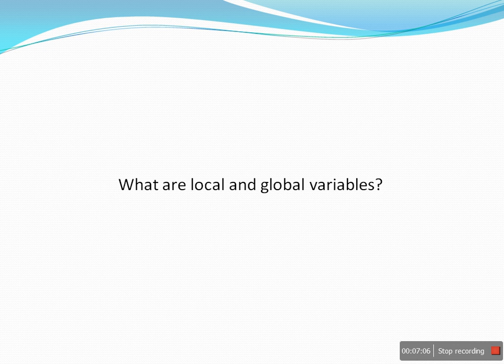Okay. Now the next question is: what are local and global variables? We are discussing what local variables are, what global variables are, and the properties of local and global variables. Now we are discussing one by one. So what is a local variable?